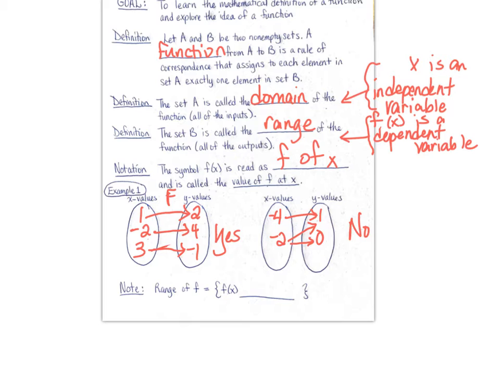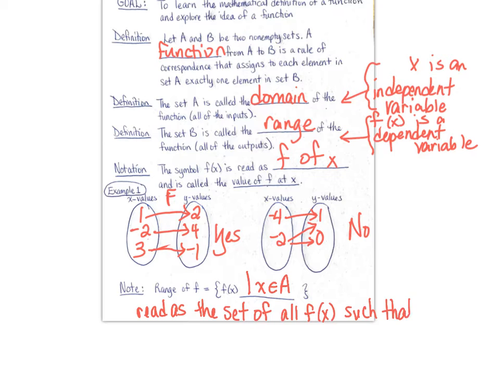The range of f is the set, the curly brackets here mean the set, of all f of x such that, the vertical bar means such that, x belongs to A. This symbol means is a member of or belongs to.